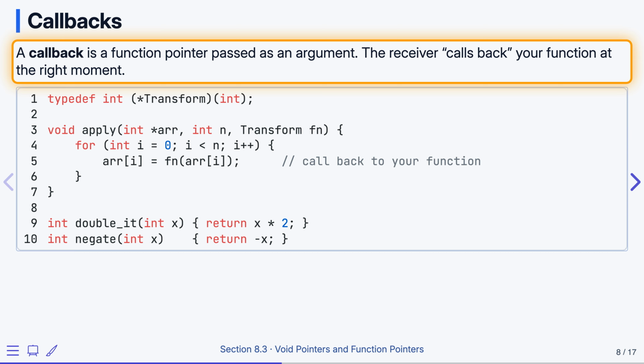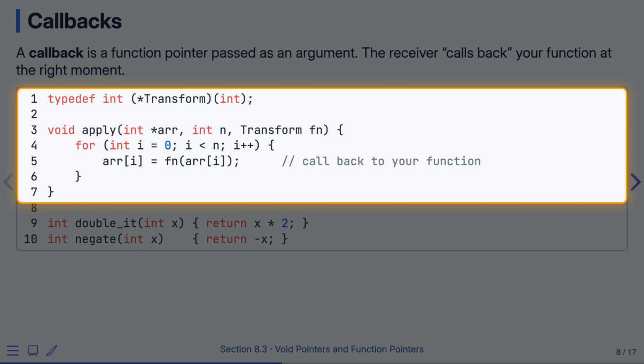Now we combine the ideas. A callback is a function pointer passed as an argument to another function. The receiving function calls back to the function you gave it at the right moment. Look at apply. It takes an array, a count, and a transform, which is a typedef for a pointer to a function taking an int and returning an int. Using typedef makes the declaration readable.